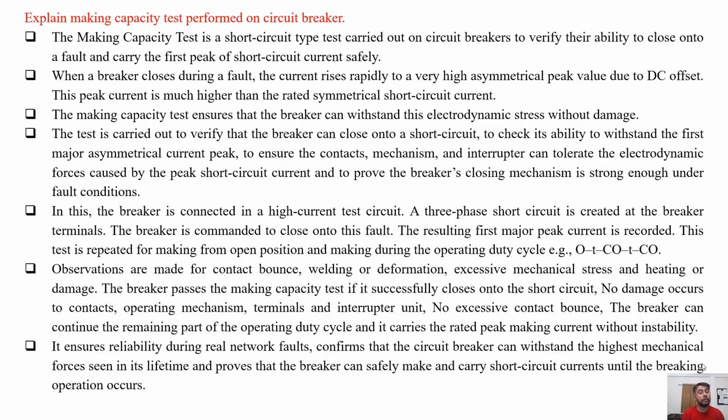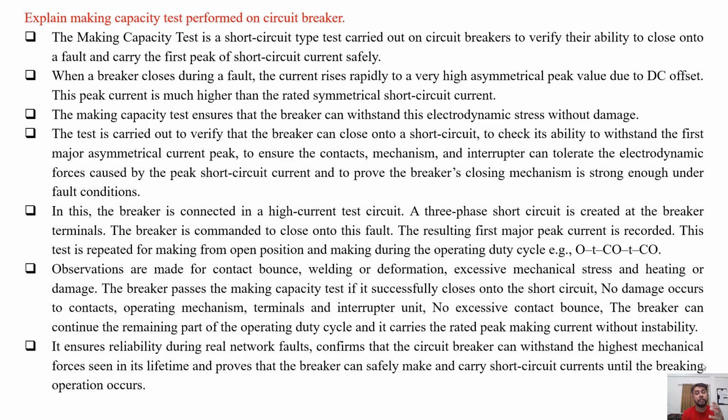In this, the breaker is connected in a high current test circuit. A three-phase short circuit is created at the breaker terminals. The breaker is commanded to close onto this fault. The resulting first major peak current is recorded.